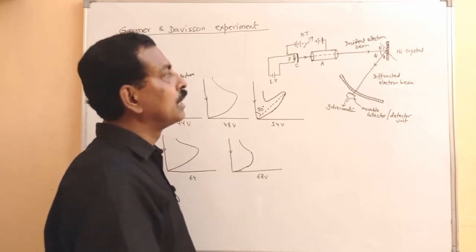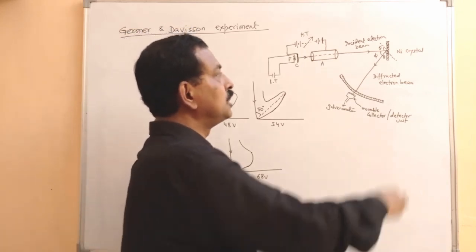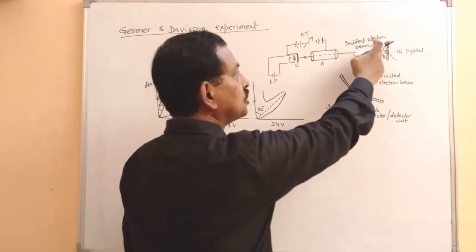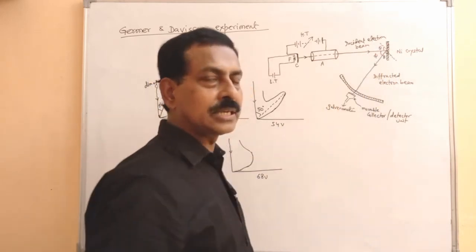Now here, if you consider this particular case, here it is theta, this is your phi, that is the scattering angle.